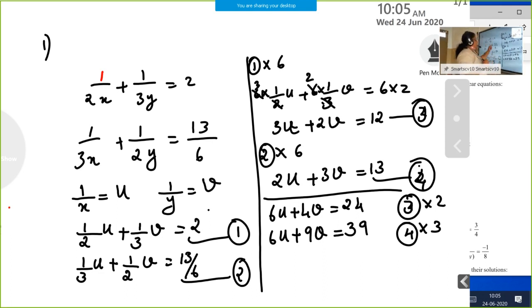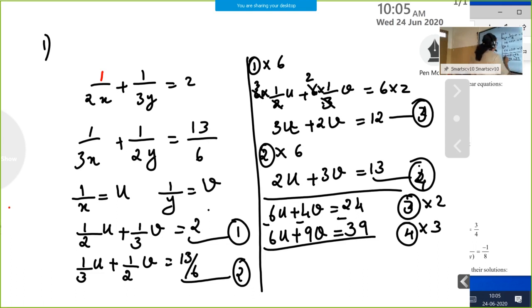Clear? Multiply equation 3 by 2 and equation 4 by 3. Then the coefficients of u are equal, so we can eliminate the variable u.